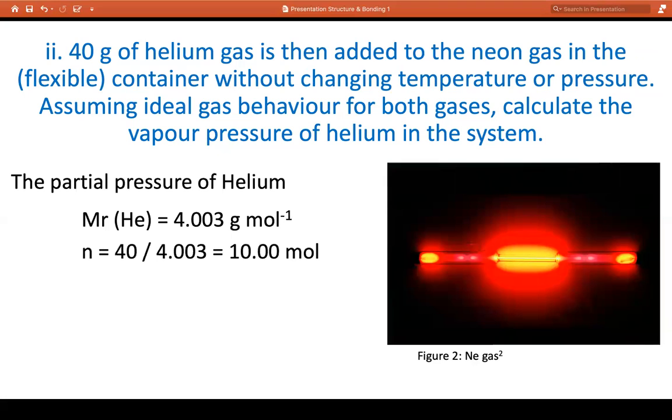After that, the moles of helium gas is 40 grams from our question, divided by 4.003, which is equal to 10 moles.